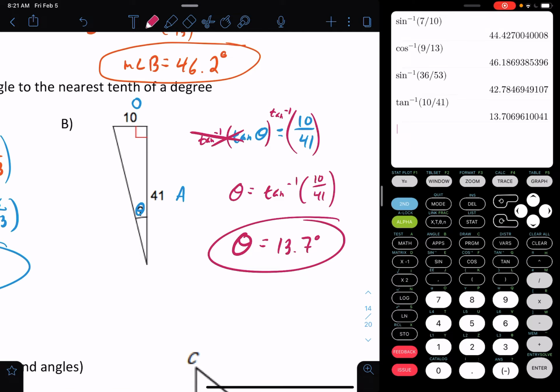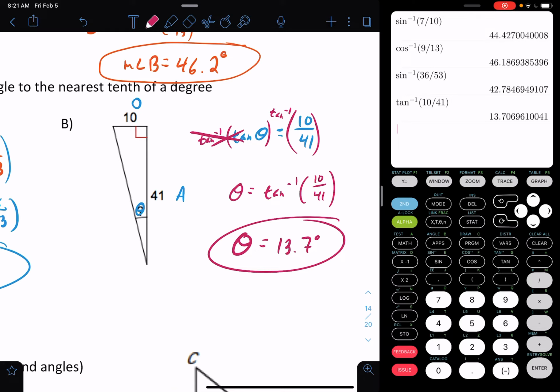All right, so that's how we use inverse trig to find missing angles. The angle is trapped inside of a sine, cosine, or tangent function, so in order to undo it, we use inverse trig.